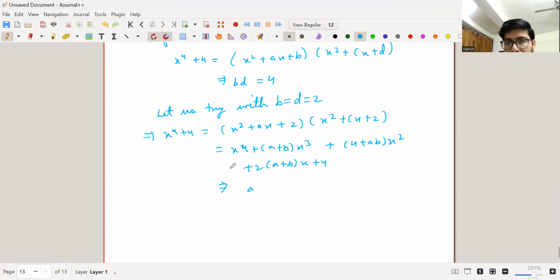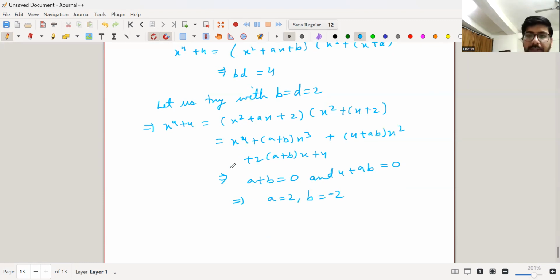Your a + c has to be 0 because it is the coefficient of x^3, and 4 + ac has to be 0, and this implies that a equal to 2 and c equal to -2.